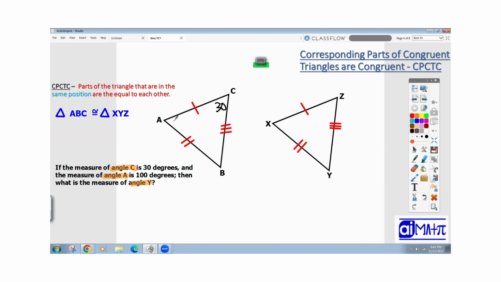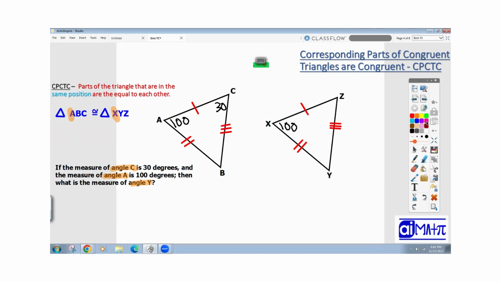And angle A is 100. Then I have to look at what I do know. Angle A is in the first position. Angle X is in the first position. So if A and X correspond to each other, they match up, they're in the same position. If A is 100 degrees, that means X must be 100 degrees.